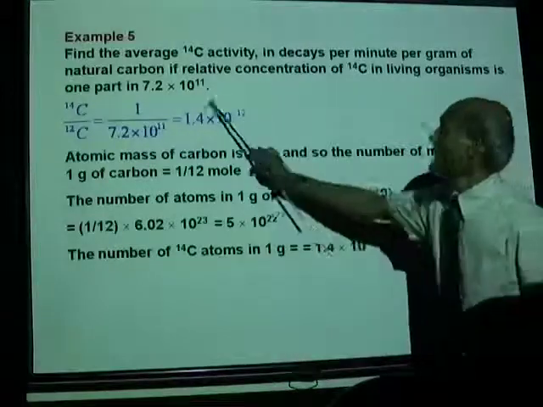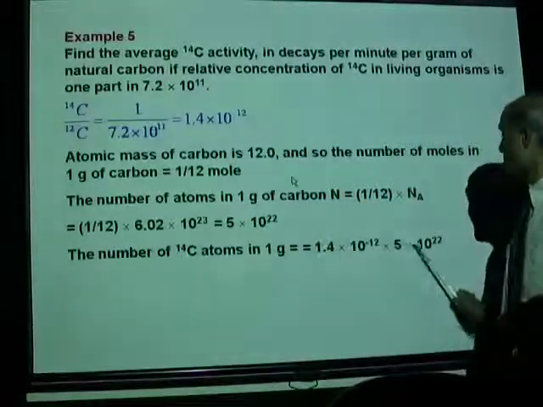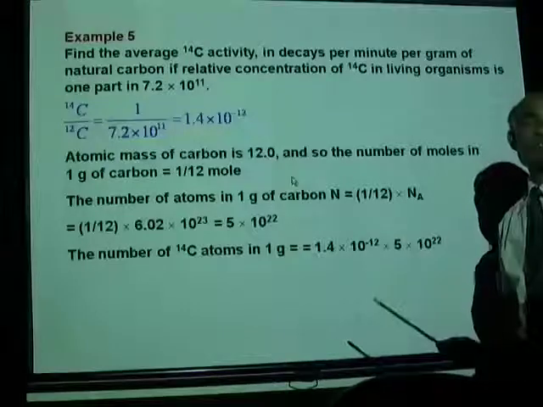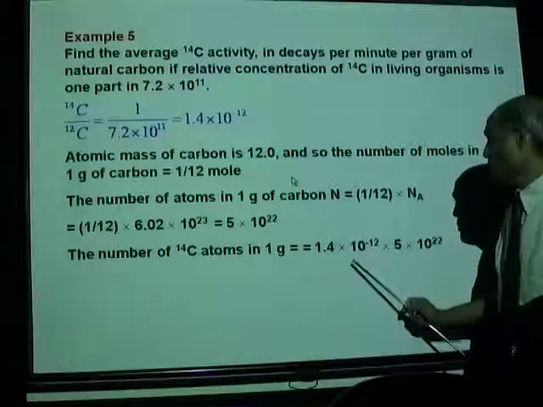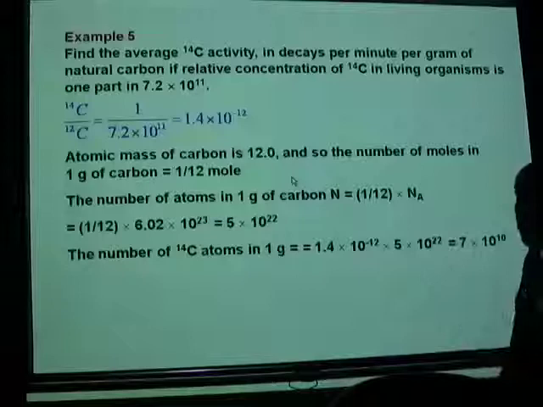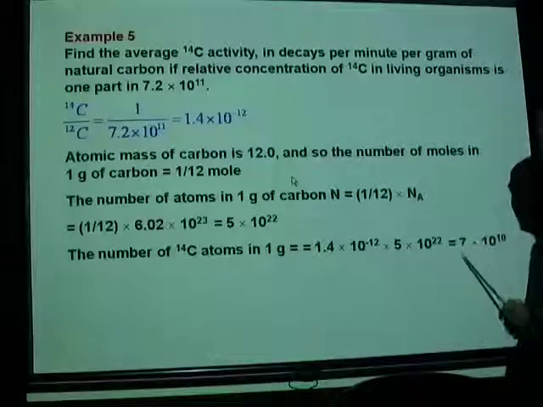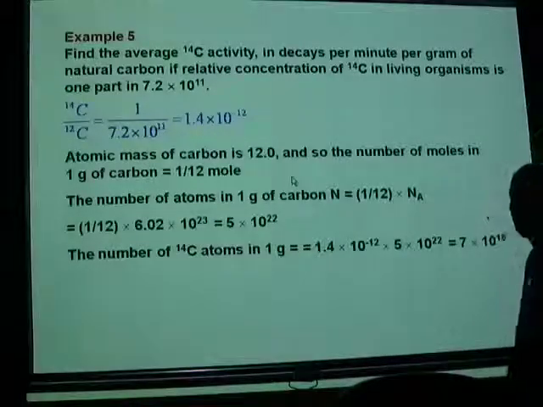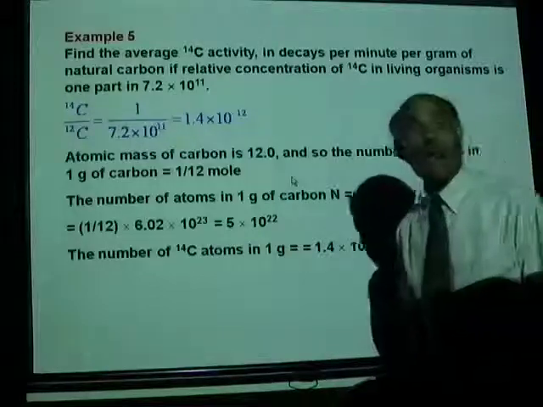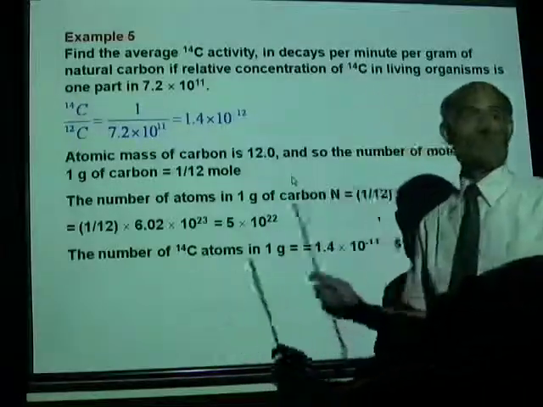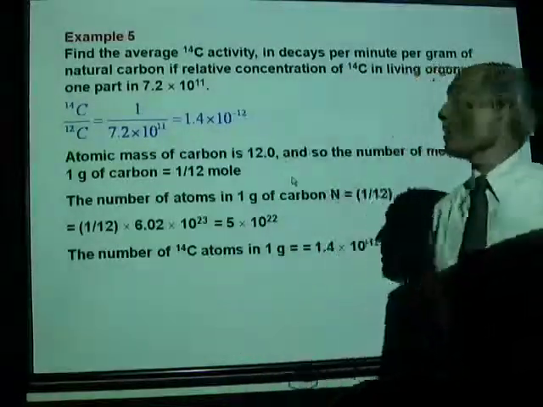It will be that ratio multiplied by the number of atoms in 1 gram. So there are 7 times 10 to the power of 10 carbon-14 atoms in 1 gram of carbon.